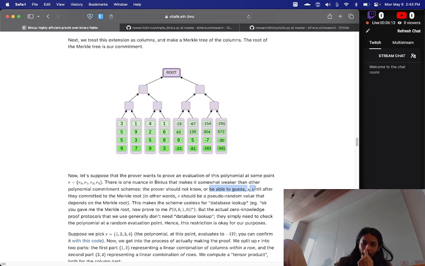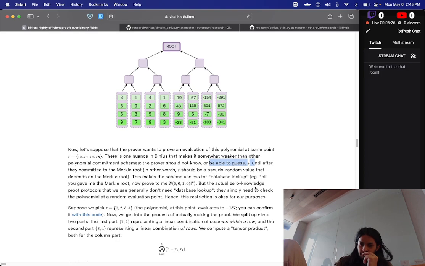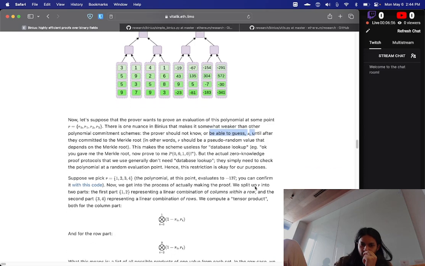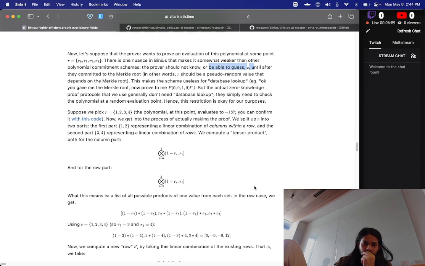That should say R, right? Yeah, I think that's correct.